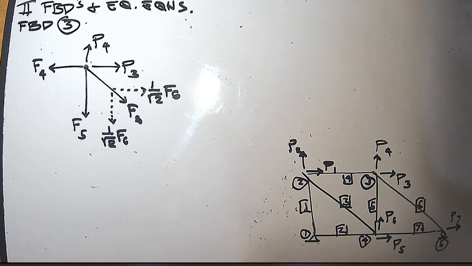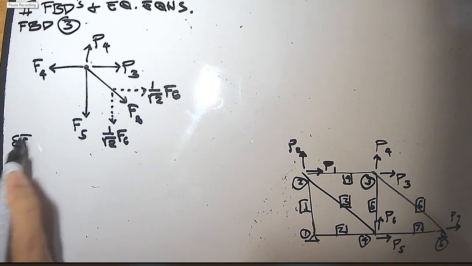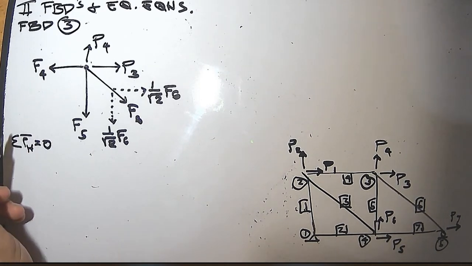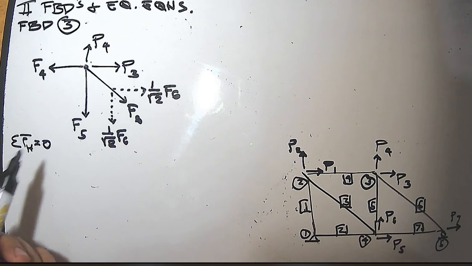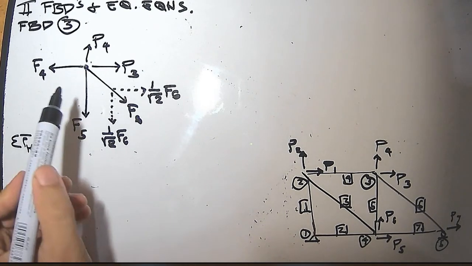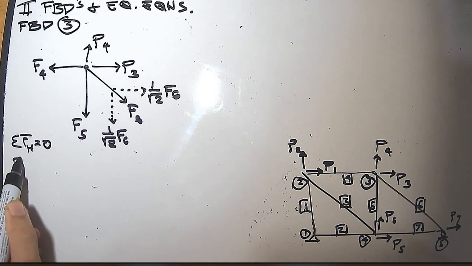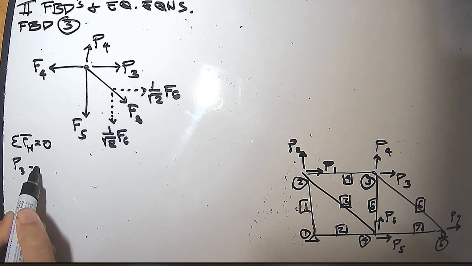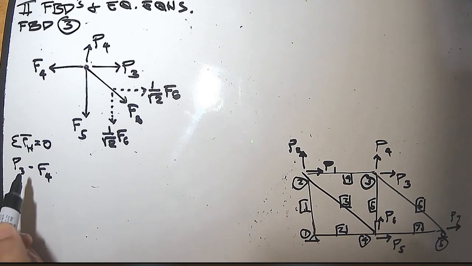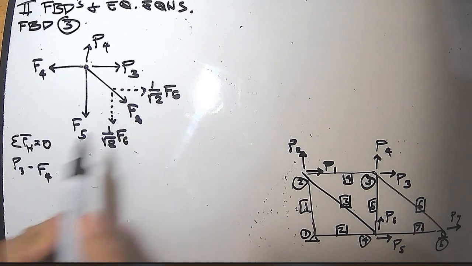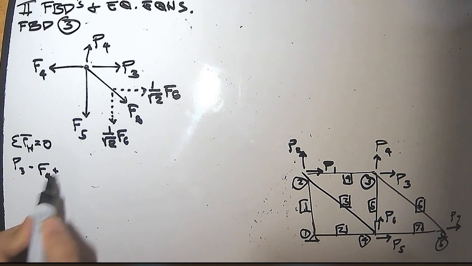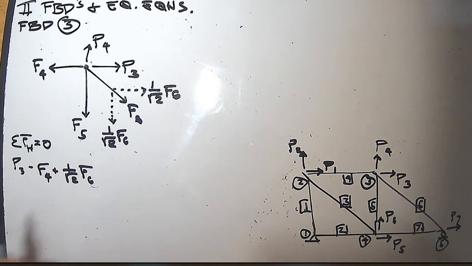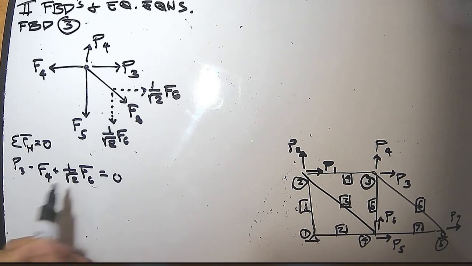Okay? Now, let's perform summation forces horizontal equal to 0, taking rightwards as positive. So, we start with the lowest subscript. We have 3. Okay? P3 minus F4. And then we have plus 1 all over square root of 2 F6 is equal to 0.